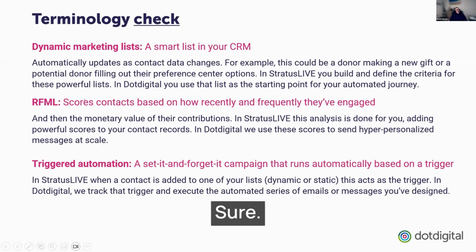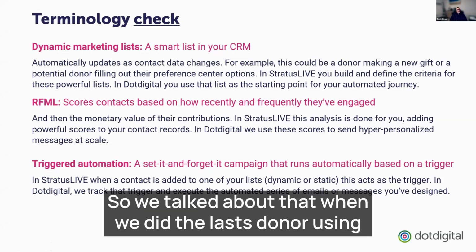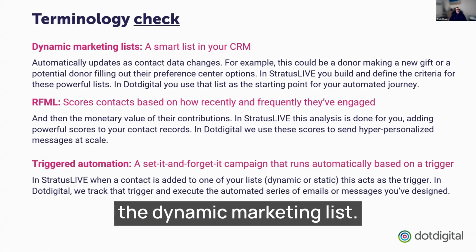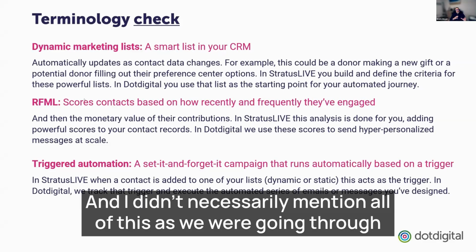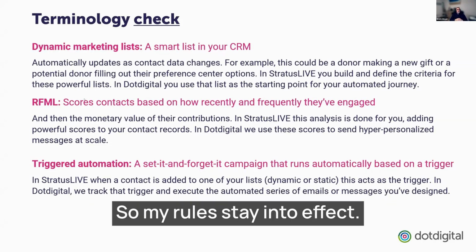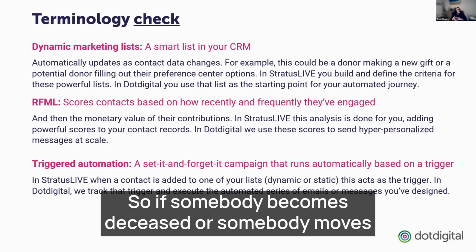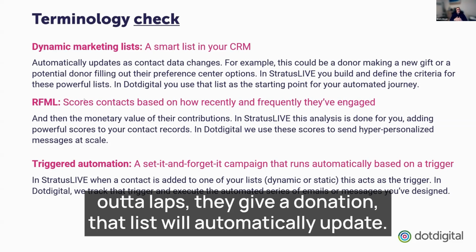Sure. So we talked about that when we did the lapsed donor using the dynamic marketing list. It is smart. And I didn't necessarily mention all of this as we were going through it, but it automatically updates. So my rules stay in effect. So if somebody becomes deceased or somebody moves out of lapse, they give a donation, that list will automatically update.